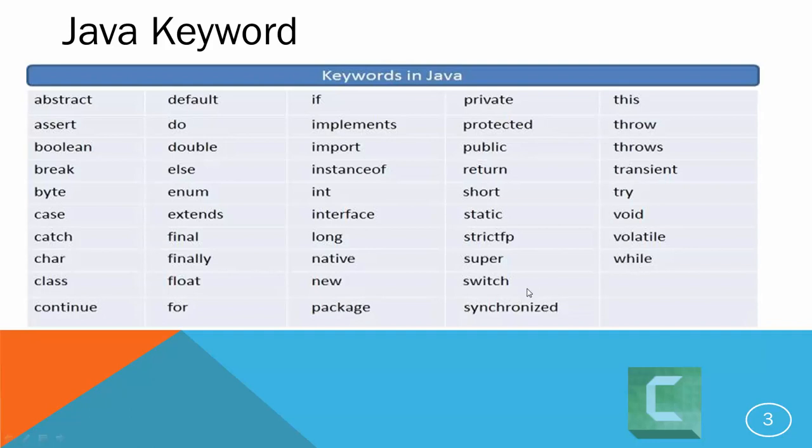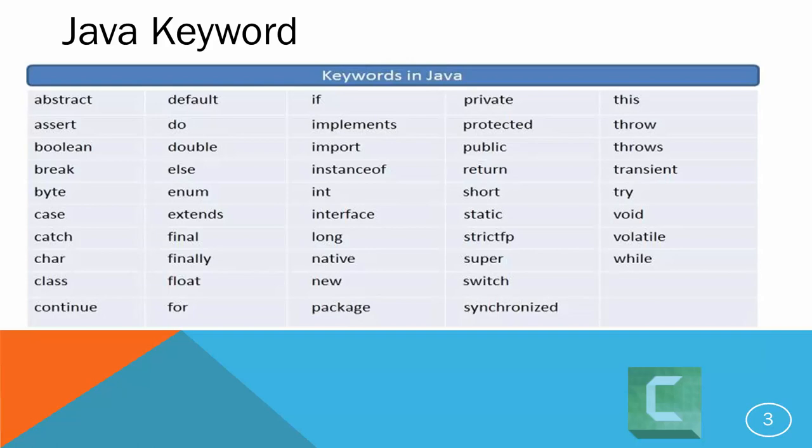Right, so these are the keywords in Java. I will tell you in detail when we proceed in the exercise. Just for a glance, let's have a look at these keywords.